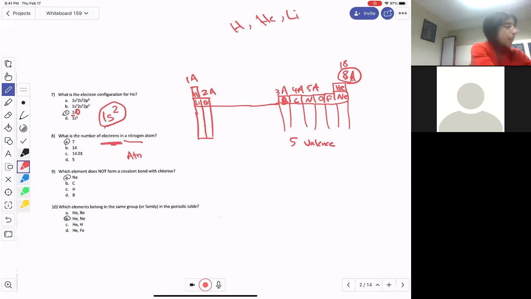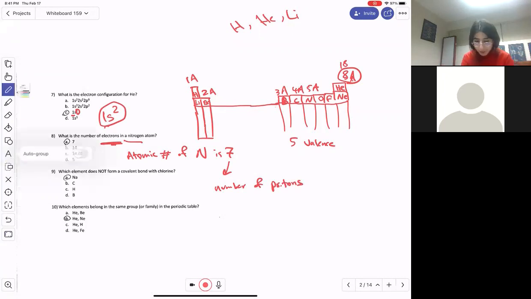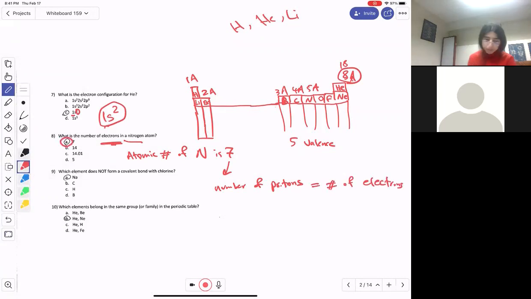The atomic number of nitrogen is 7. So 7 would be the number of protons, which for the nitrogen atom equals the number of electrons, right? So it would be 7.